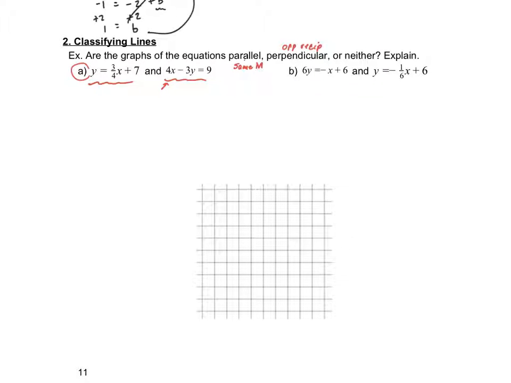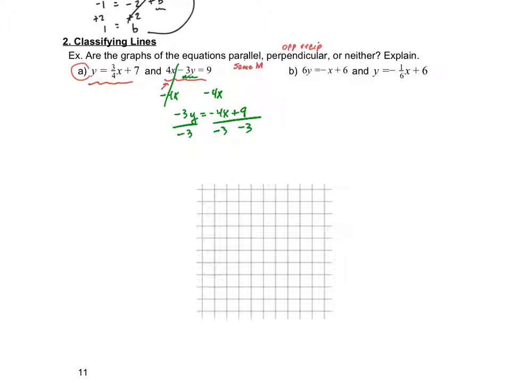And in doing that, I am going to subtract 4x from both sides, so I can start by isolating this term, and 4x minus 4x is going to give me 0. I'm going to have -3y equals -4x plus 9. Now I'm going to continue to isolate my y by dividing by the coefficient.